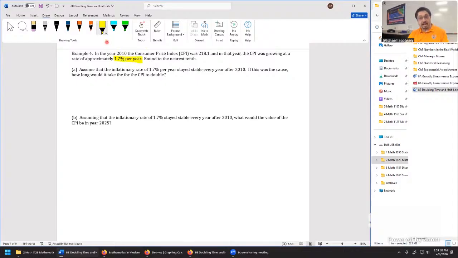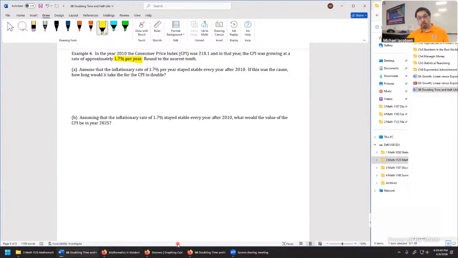If it's growing by that amount, that means exponential growth. That's what we were learning about in the last unit, 8A. It's not growing by a fixed amount of, say, 20 points per year. It's growing by a relative percentage amount instead. So if it's growing at 1.7% per year, that's really an inflationary number.